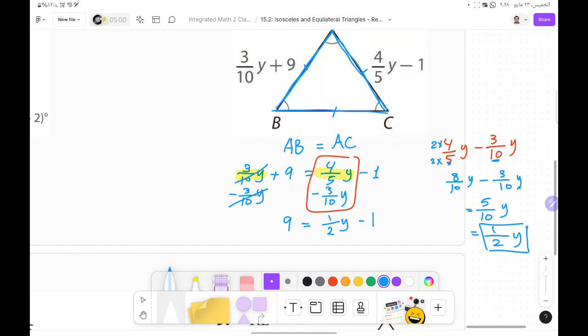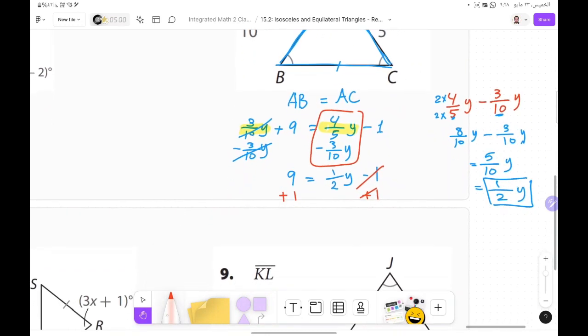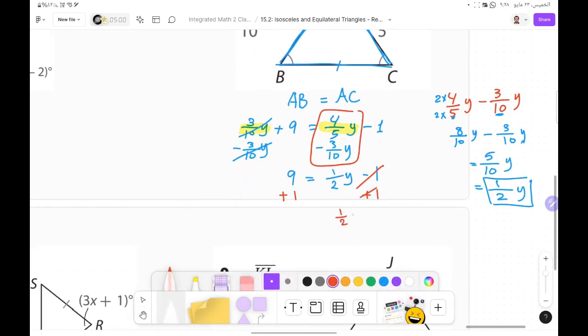Now I need to isolate this one, so I have to do what? Plus 1 on both sides, so you cancel these out. Let's go down. So 1 over 2y is equal to 10. Now, do you remember how we can solve this one? It's up to you. You can divide both sides by a half to cancel this half, so you get y equal to 20.